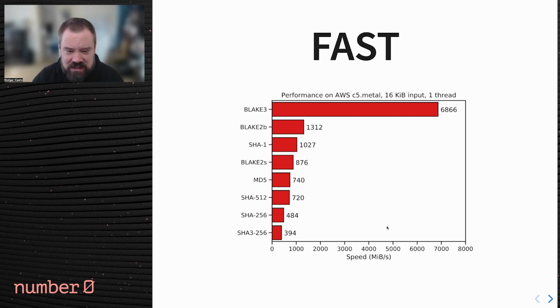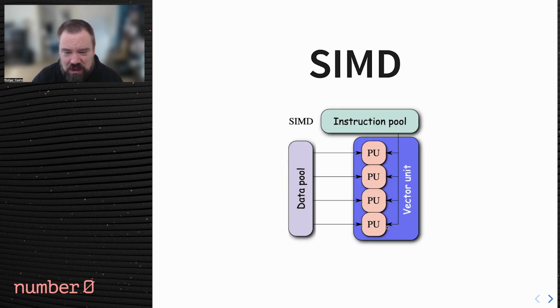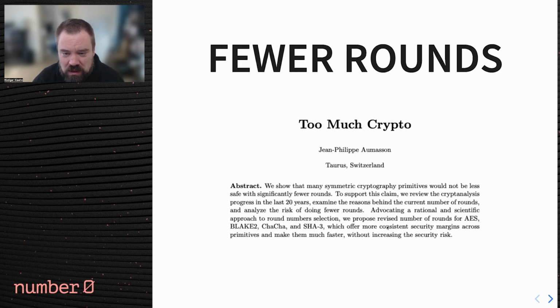Fast, as you can see, the project prides itself in being faster than other cryptographic hash functions, and it makes this possible in 2 ways. One is single instruction multiple data, so basically it processes data in chunks of 1 kilobyte, and when processing these chunks of 1 kilobyte, it is using all instruction pipelines of your CPU.